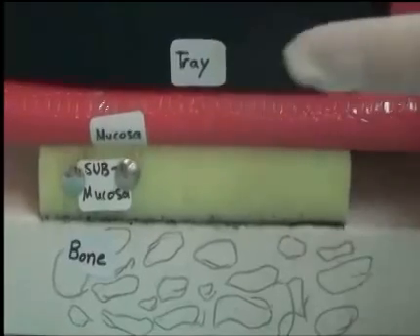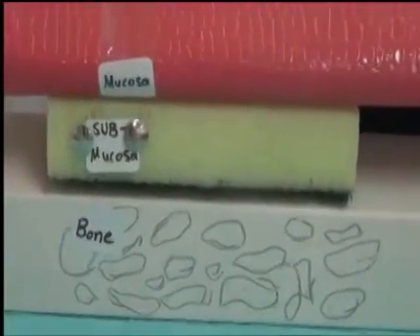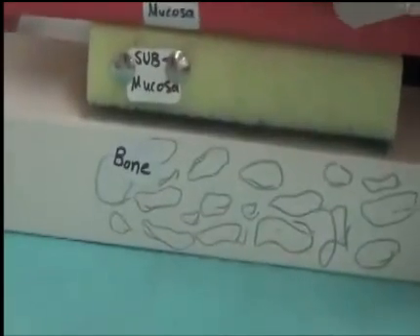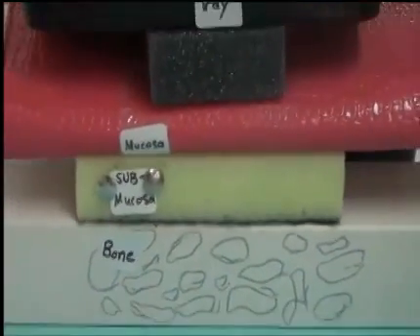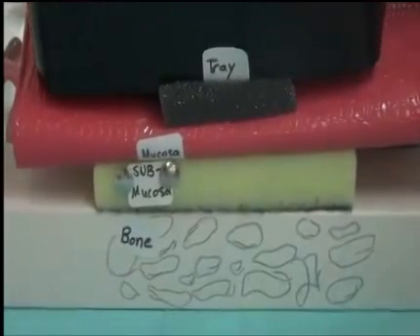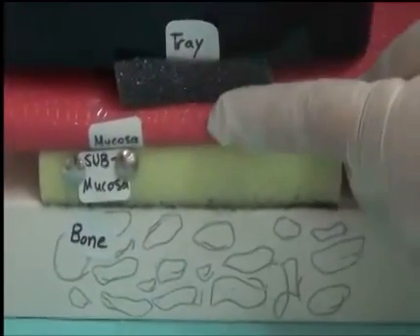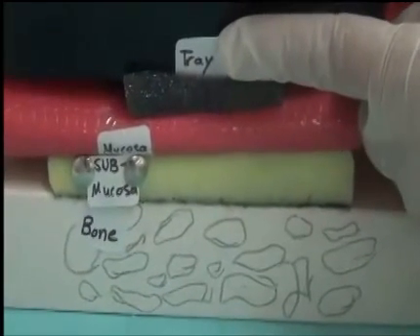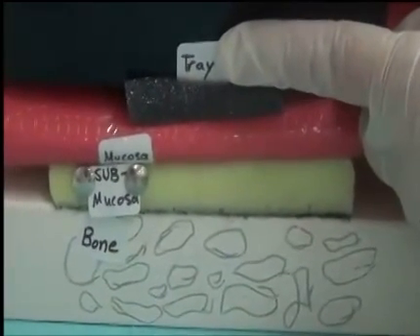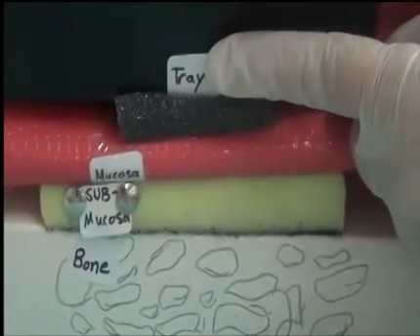So I try the tray at the beginning like this, then I place my impression material in between, and then take the tray and squeeze. This means that the impression material is squeezed between the tray and the mucosa and the layers beneath. That means everything is compressed and recorded as such. This is called the compressed status.